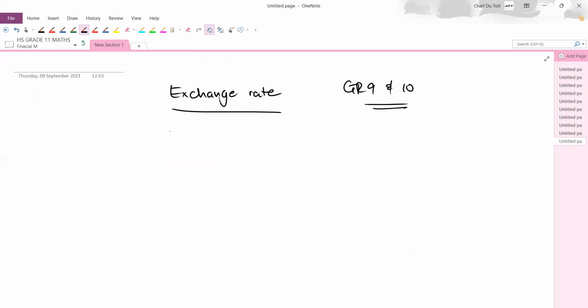So they give you the following: the rand to the dollar is 1 to 14.5, for instance. No, it would be the other way around, from 14.5 to 1. So $1 is 14.5 rand.